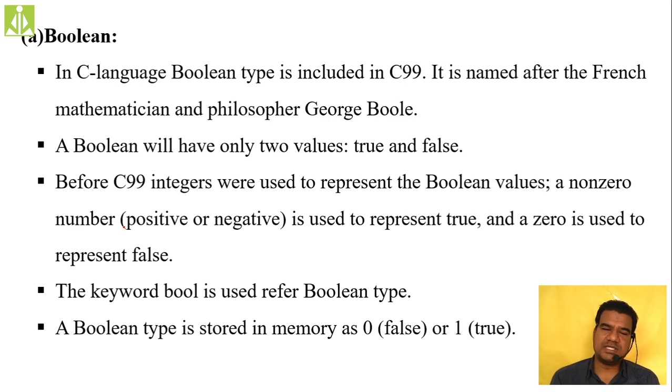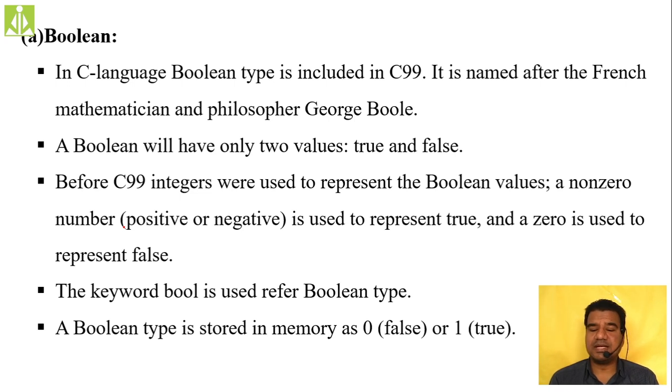As we said, the Boolean type concept was introduced in C99. Prior to C99, Boolean values were stored using normal integer type variables only.